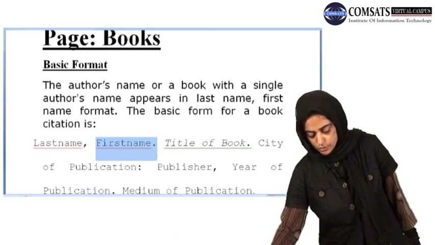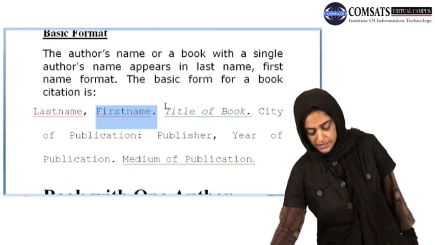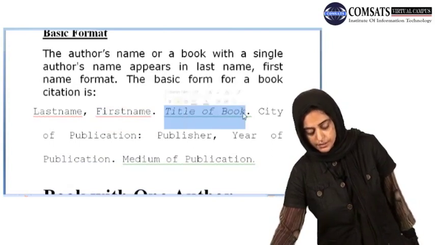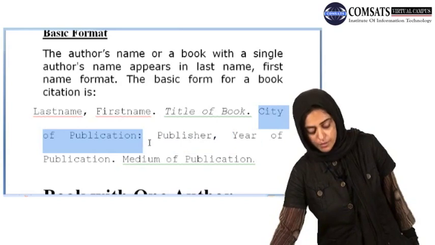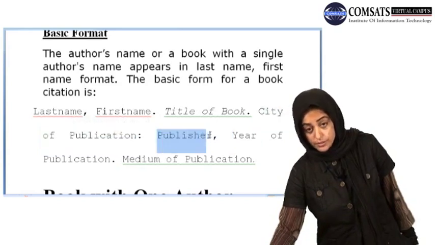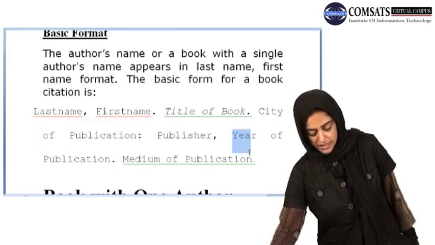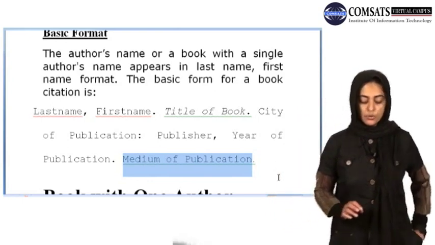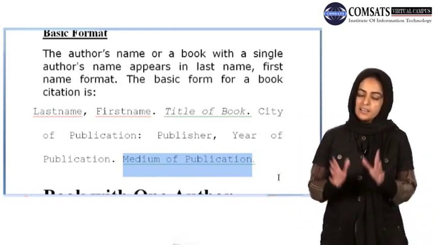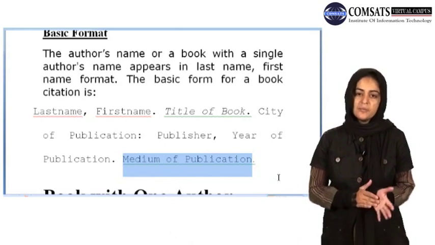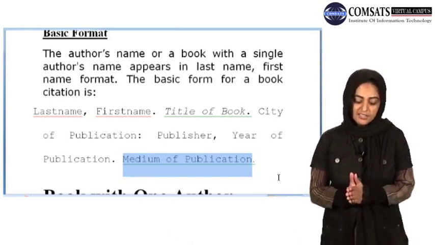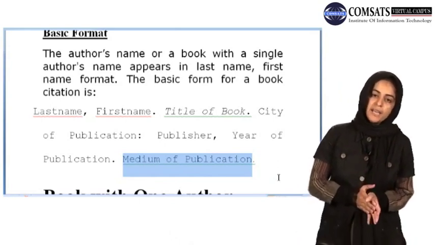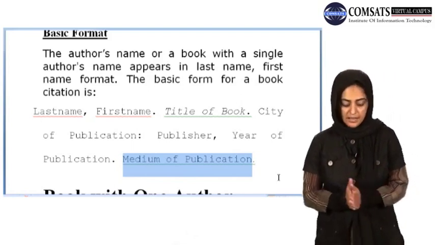After that, dear students, have a look on the screen, the title of the book, then the city of publication, then the publisher, then the year of publication, then the medium of publication. This is the general format while you are creating the detailed reference for a book. This is the general format recommended by MLA referencing style.